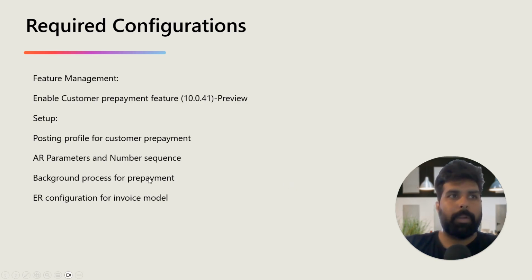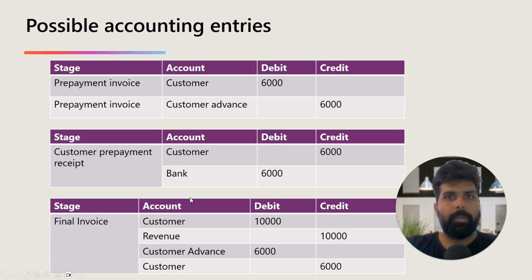We need to use the process automation background process, so we need to set up for that. And then we also need an ER configuration for the invoice model for the prepayment, that is, how you are going to print the invoices. So we will talk about those configurations, but also let's understand what we are expecting out of it.